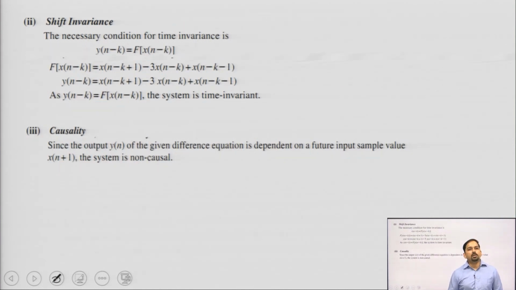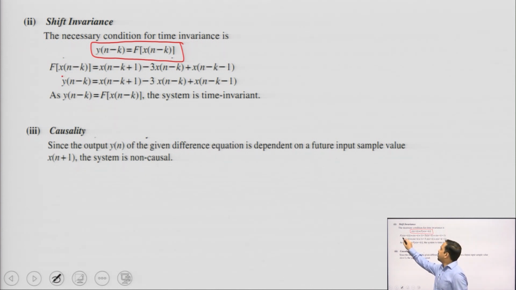Now, we will check the shift invariance. So, definitely we will again follow the same property. First of all, we will shift the input signal to x[n-k], and we will apply the system onto that. So, by applying this system, we are getting equation number 1, which is x[n-k+1] minus 3x[n-k] plus x[n-k-1]. This is equation number 1. Now, in the last equation, instead of n, we will put n-k.